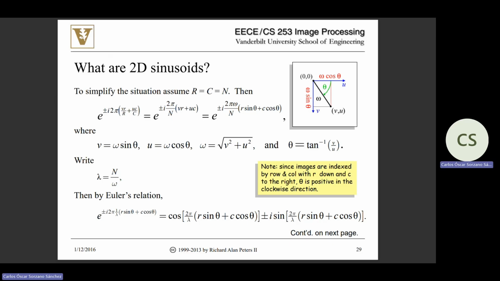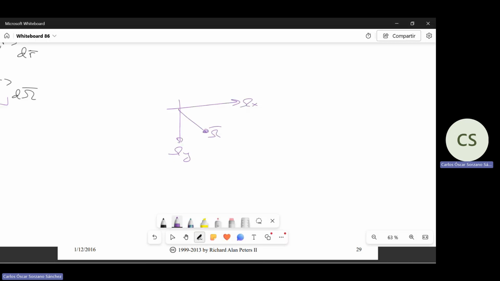But what is important here is that a complex exponential is cosine. So it is just a reminder of this formula: e to the j omega is cosine of omega plus j sine of omega.